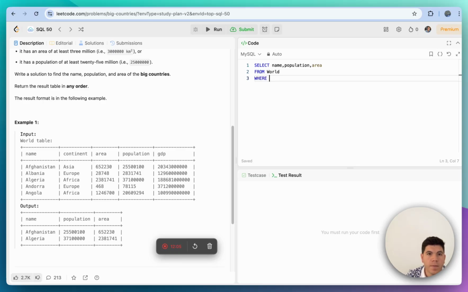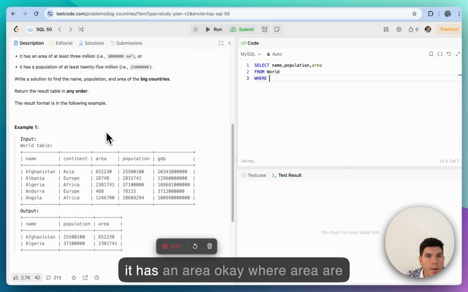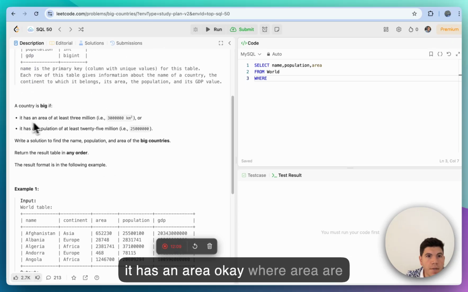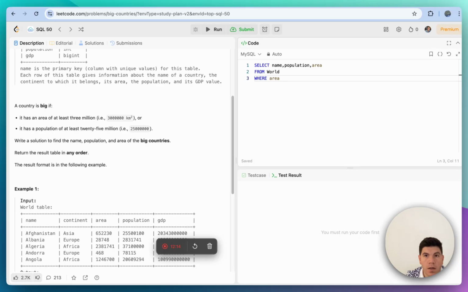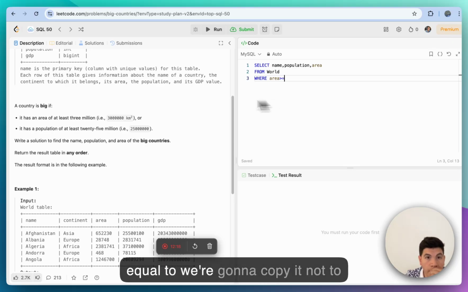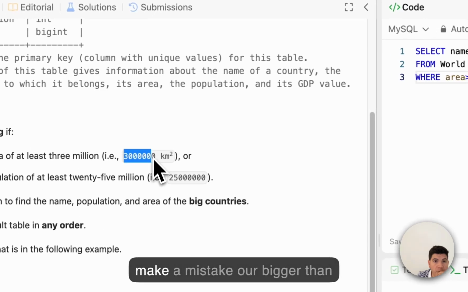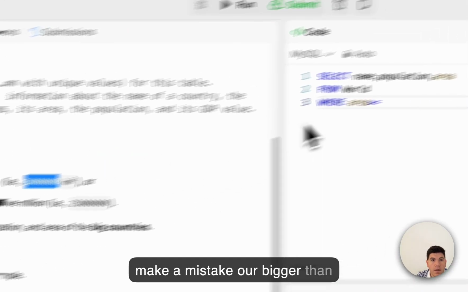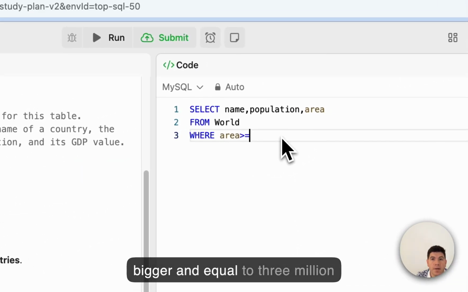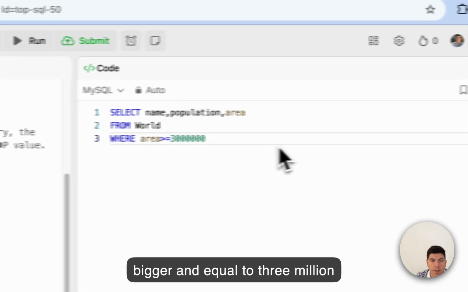where area is bigger than or equal to, we're gonna copy it not to make a mistake, 3 million.